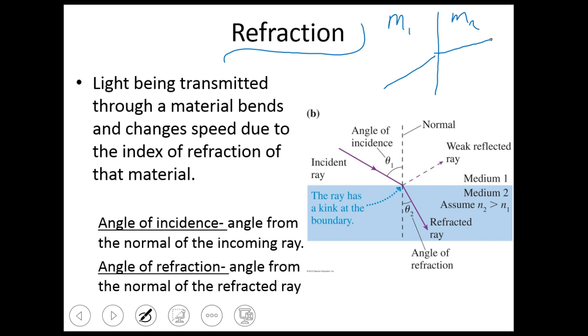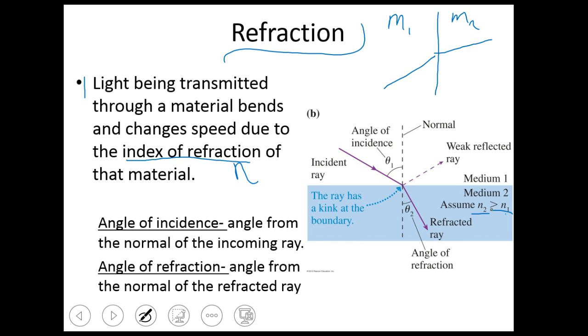Refraction occurs because of light being transmitted through material. It bends and changes speed due to what we call the index of refraction. That's a property of matter that you will look up, and it is represented by the variable n. When you see these n's in equations or photos, that is the index of refraction, and it's like the density of a substance.